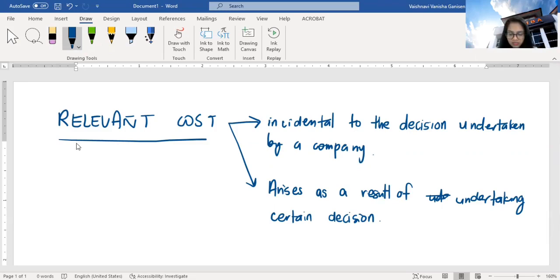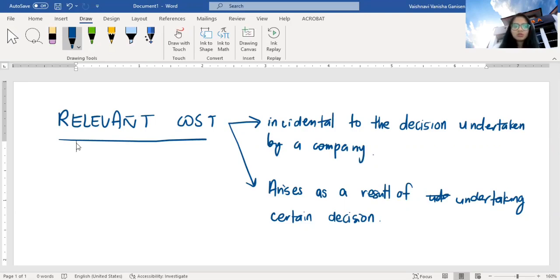Let's say you just want to buy certain machinery, and as a result of buying this machinery, you need to incur machine running costs. So that machine running cost is a cost that is incidental to the decision of buying the asset, the machinery.